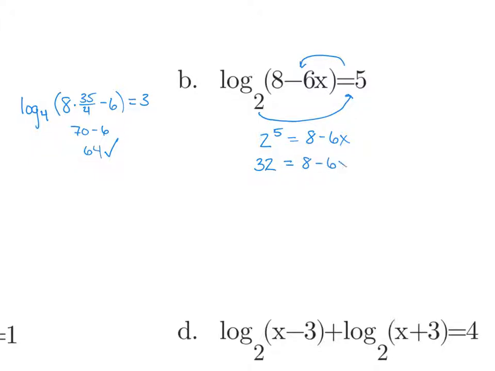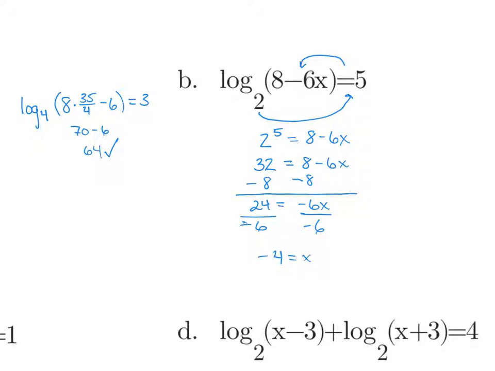My right side stays the same. And then I can go ahead and finish solving. So we can subtract 8 from both sides. We get 24 equals negative 6x. And then if we divide by negative 6, we get negative 4 equals x.